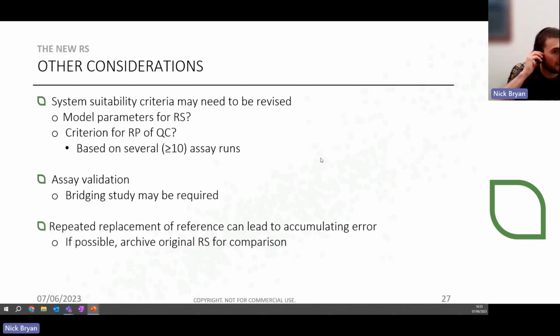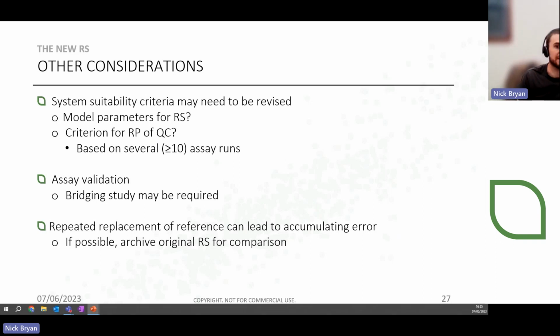It's always worth considering that once we replace a reference standard, or if we continue to replace reference standards in a consecutive fashion without having a primary reference standard to refer to, then we can lead to an accumulation of errors and a gradual drift away from our original absolute potency, our original starting point.